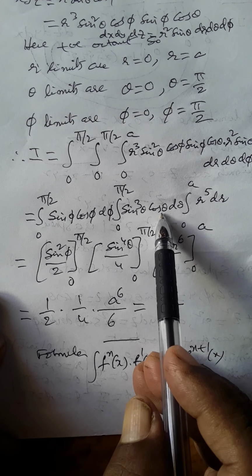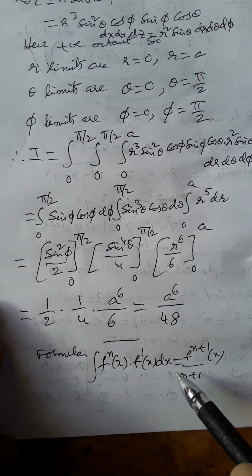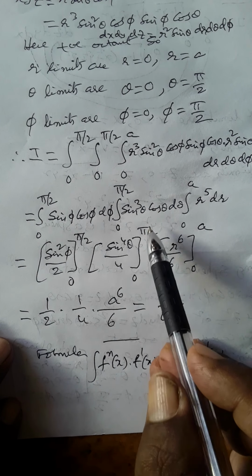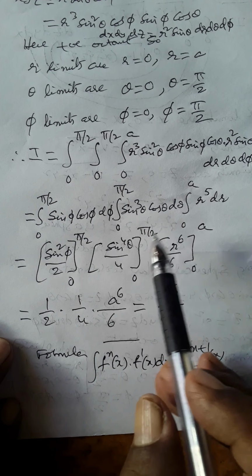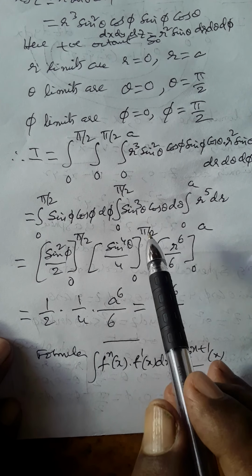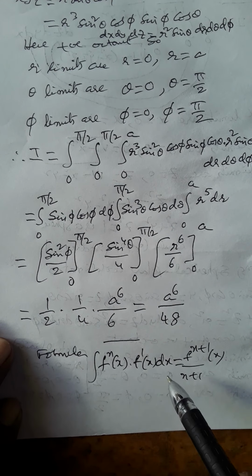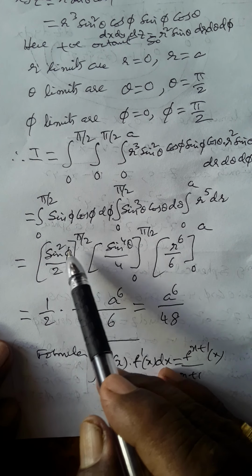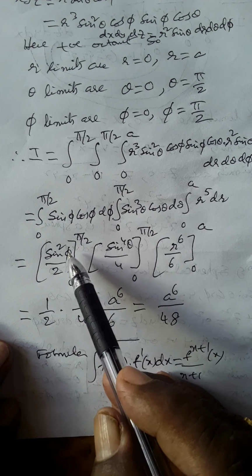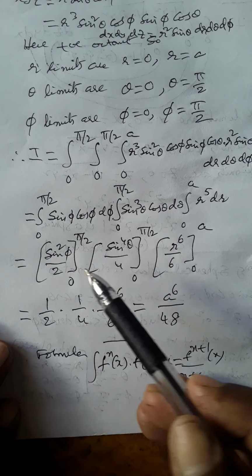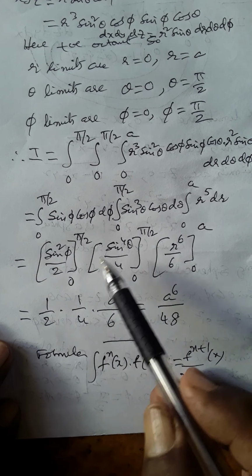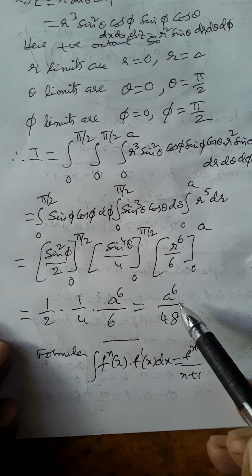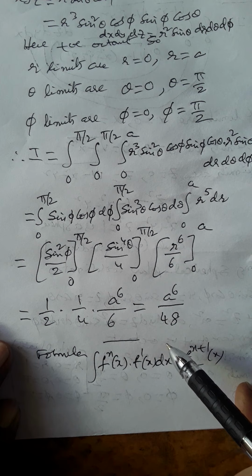Here sin theta with derivative cos theta, use the same formula, add 1: sin power 4 theta by 4, 0 to pi by 2. This is the easy method. Don't use trigonometry formulas, use this shortcut formula. R power 6 by 6. So upper limit sin pi by 2 is 1 square, minus 0. So 1 by 2, 1 power 4 by 4, 1 by 4, a power 6 by 6, a power 6 by 48.